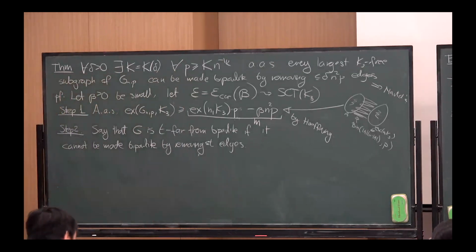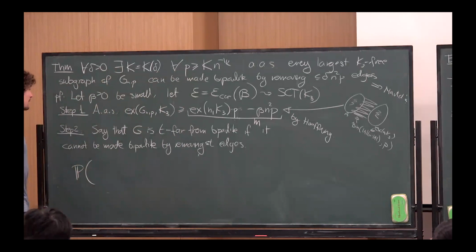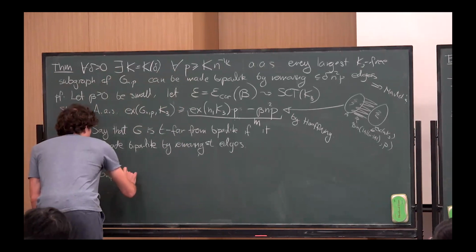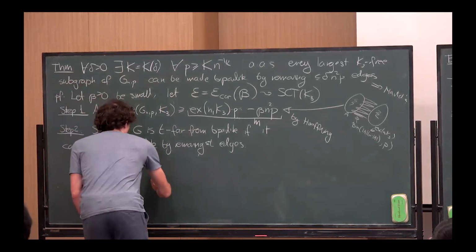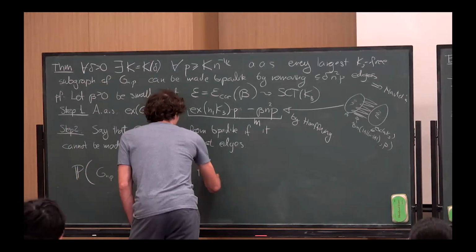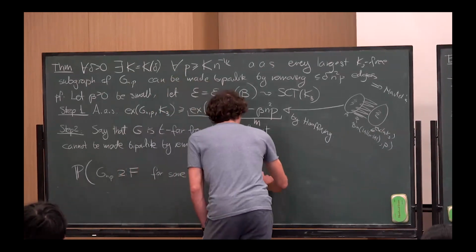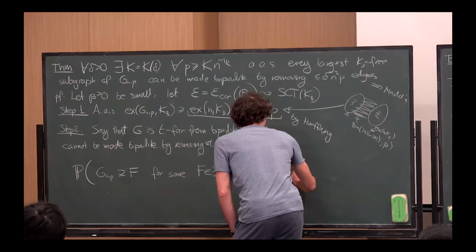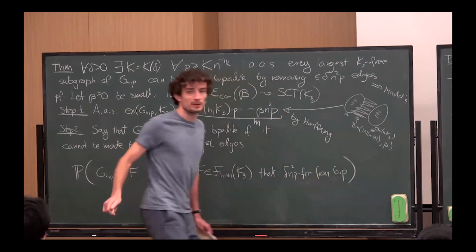So what are we interested in bounding? We want to bound the probability that G(n,p) contains some graph F which is triangle-free, has m edges, but moreover is delta n squared p far from bipartite. This would be enough.